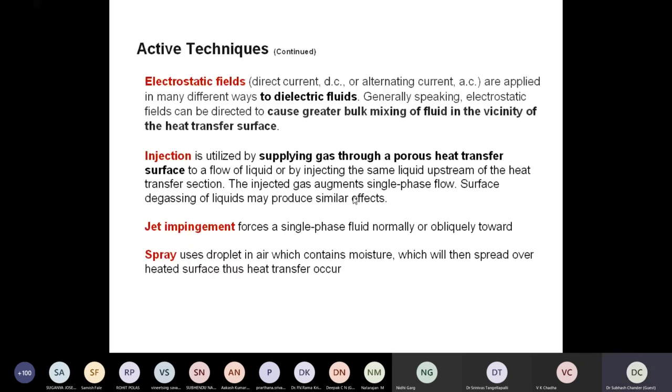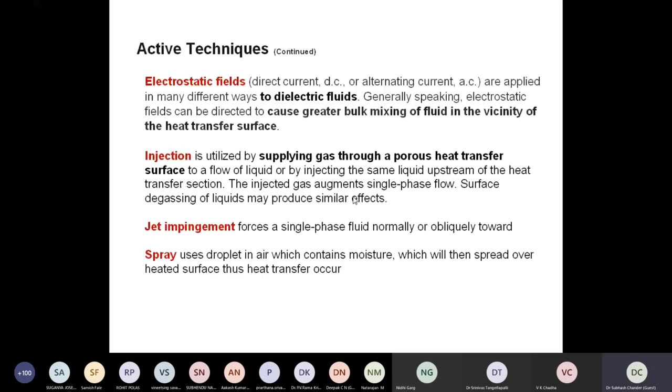Injection is utilized by supplying gas through the porous heat transfer surface, so we can provide some gas from the surface to the liquid side, and we can create some disturbances in the flow, by continuous surface feeding. Respiration can lead to more heat transfer from the surface to the fluid, right?